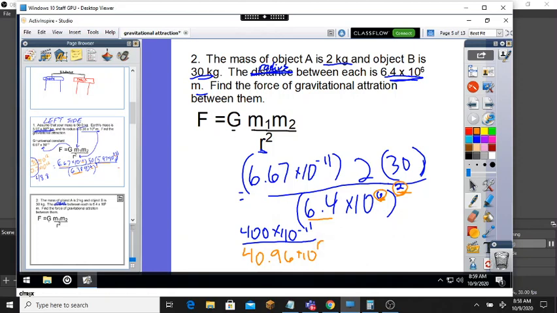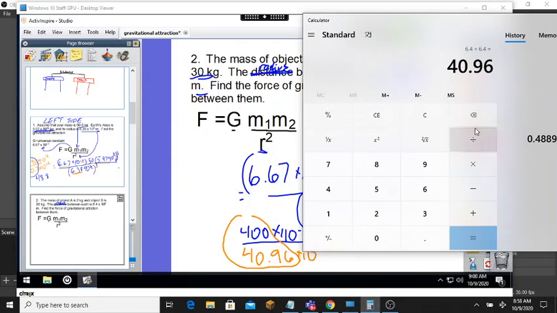So that should be a 12. Now we're going to do 400 divided by 40.96. That's 9.7.